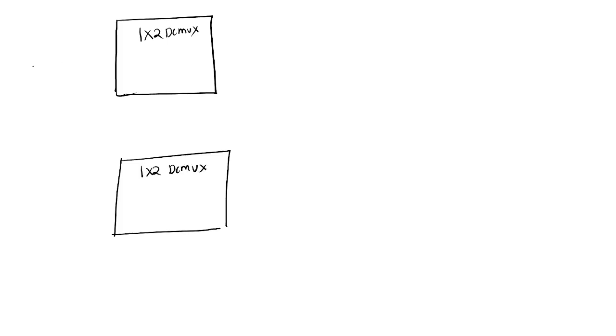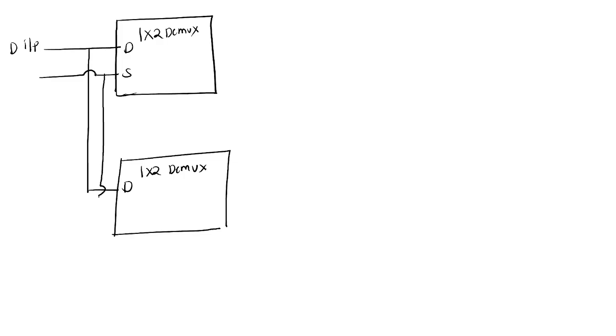Here what you are doing means data line, whatever the data input is there, D input, this is common for this demux and this demux. One selection line S0 is there, no? You are giving common for this one and this one. What is that S0?